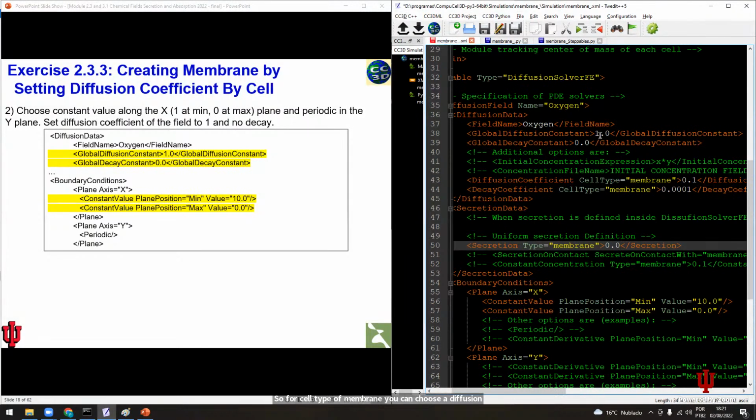So if we set 1 to global, you can leave 0.1 for membrane. You will see the effect. And the decay coefficient we want to set to 0, since we're not worried about decay now in this particular exercise. So lower diffusion coefficient for cell membrane, 0 decay and 0 secretion.